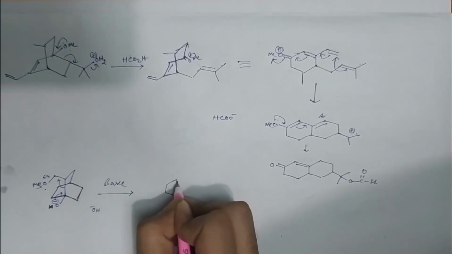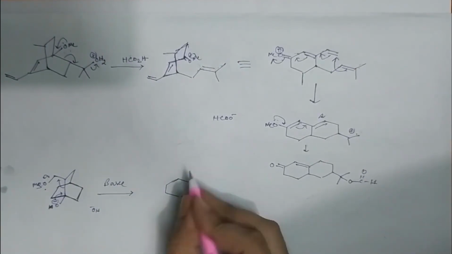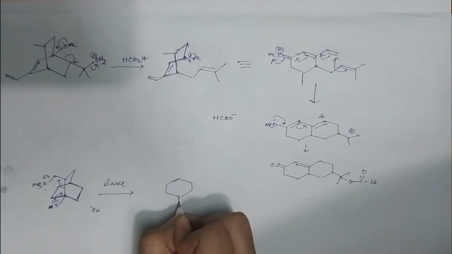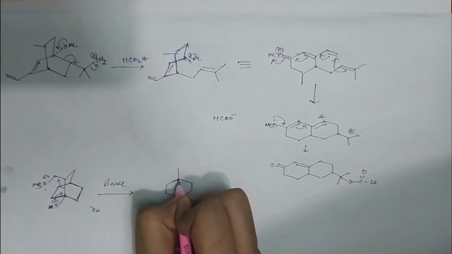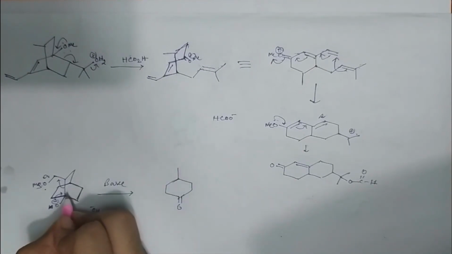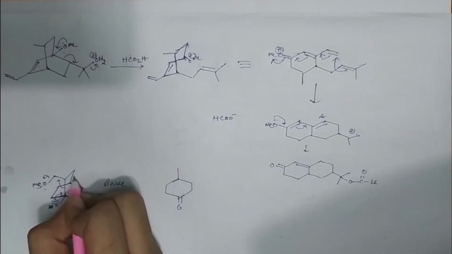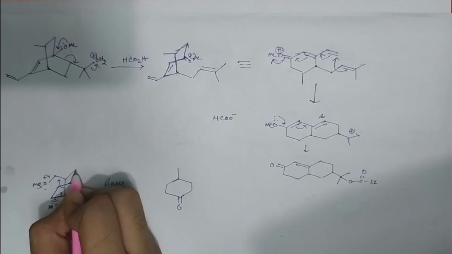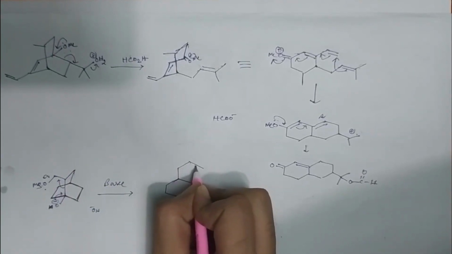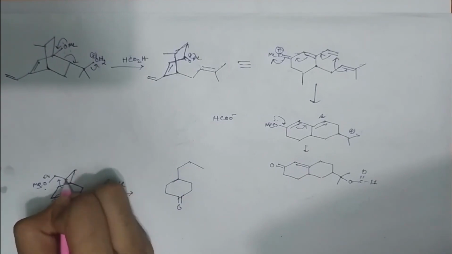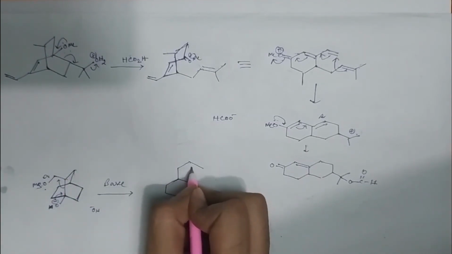So I draw it like that. Here will be a ketone on the other side. There will be this one, this one, this one, and there will be 1 2 3, 1 2 3. That will be the product.